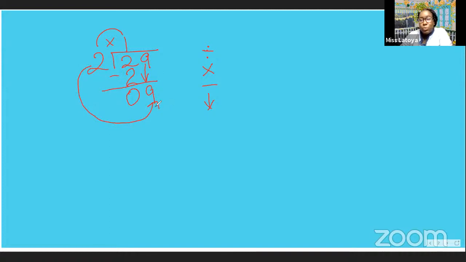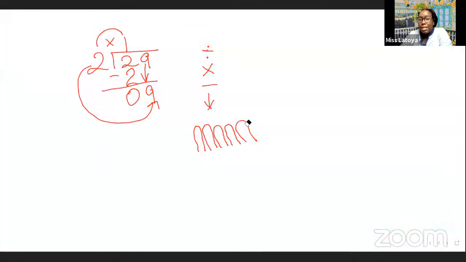How many times could 2 go into 9? Again, we can use our fingers to solve. Let's go. 2, 4, 6, 8, 10. What do we notice here? We are passing the number. We cannot pass 9. We are going to count in twos until we get to 9 or the number before.